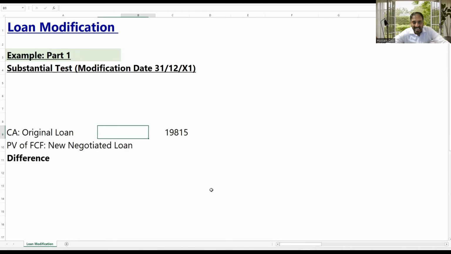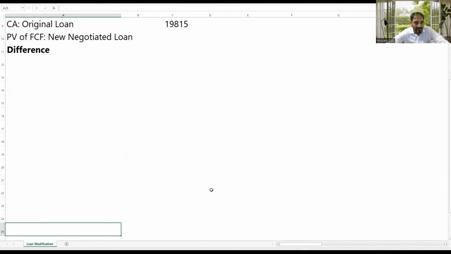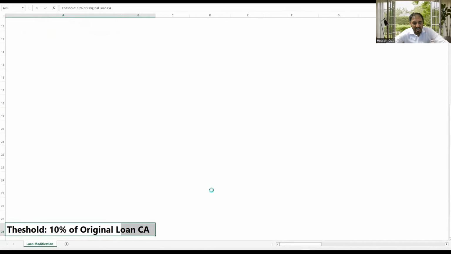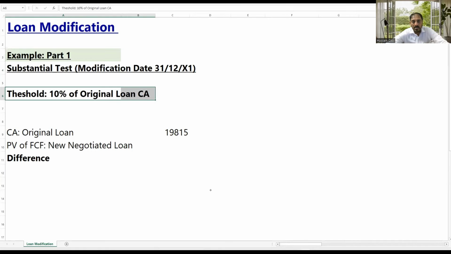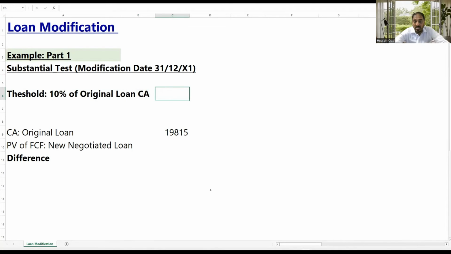once we calculate the carrying amount of the loan, we have to pick the threshold. The threshold is 10% of the original loan carrying amount. That is 1981.5.